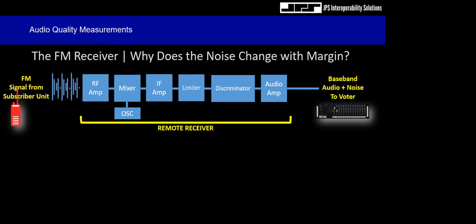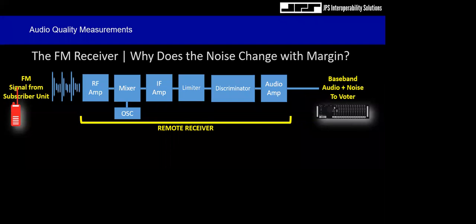So that's one of the nice properties of FM: we key on the FM information coming from the subscriber unit. We don't really care about the amplitude, but we do. I'll show you why. But in AM communications, the amplitude of the carrier is very important. That's really the information. In FM conventional, it's all about the instantaneous frequency that's been driven down by the local oscillator here in my receiver.